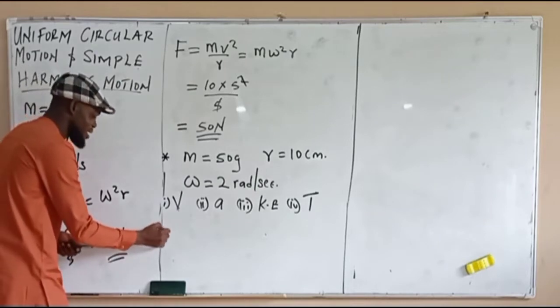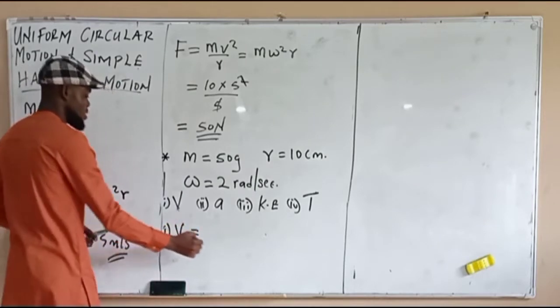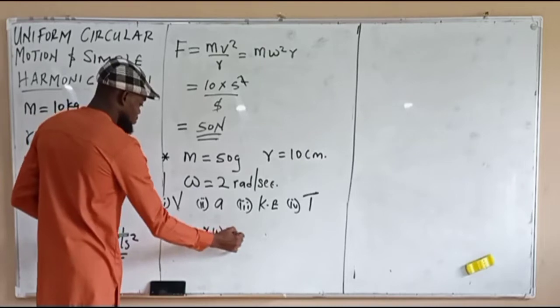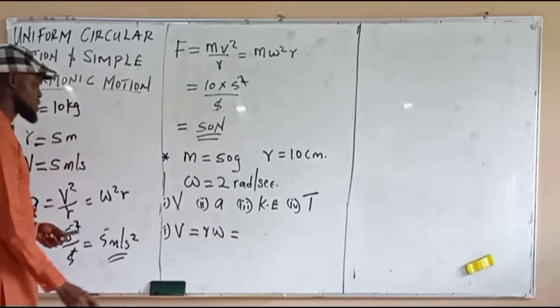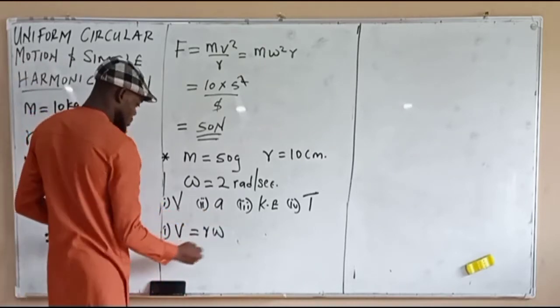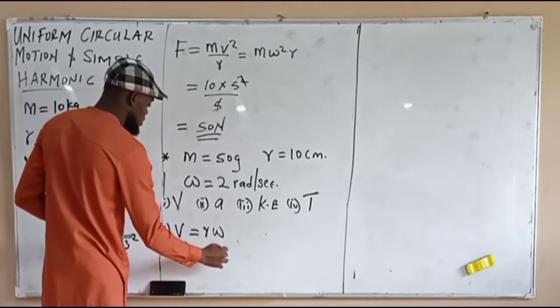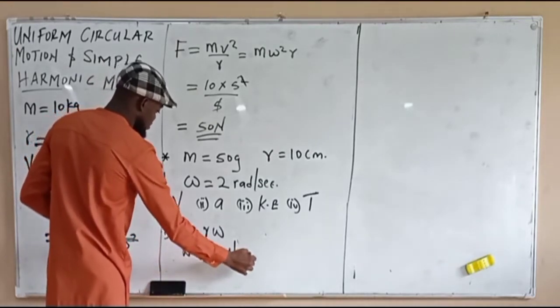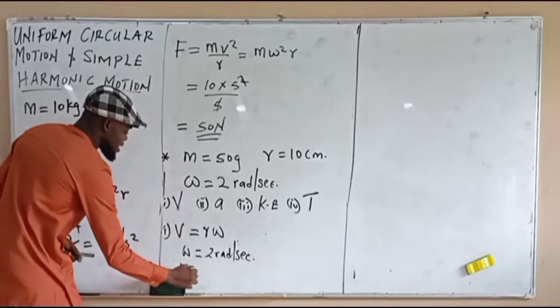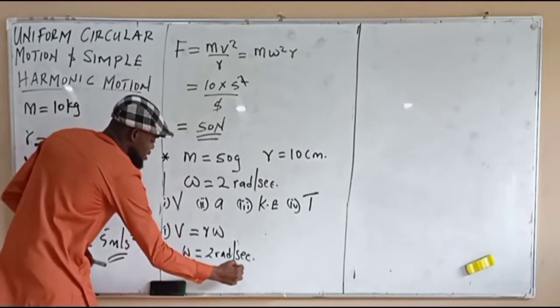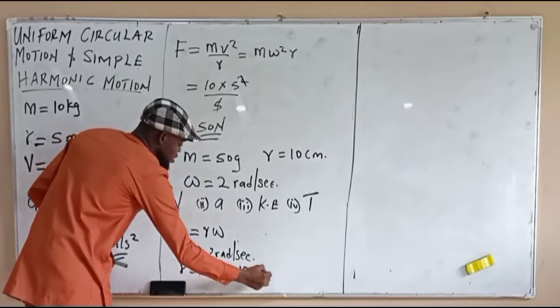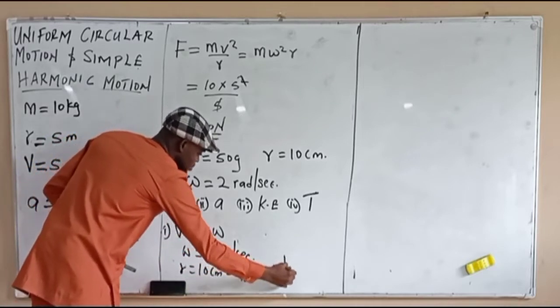So what is our v? v is r omega. Omega is 2 radian per second, then our r is 10 cm, so 10 over 100 gives 0.1 meter.